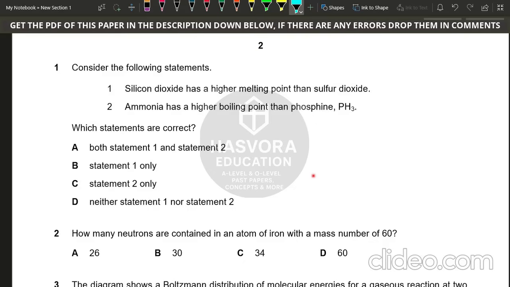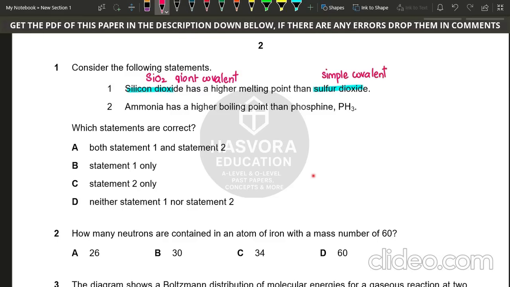Statement 1 says that silicon dioxide has a higher melting point than sulfur dioxide. Now remember that silicon dioxide, SiO2, has a giant covalent structure. This is the example that has been included in your syllabus along with graphite, which is also a giant covalent structure, and diamond is also a giant covalent structure, while sulfur dioxide is a simple covalent structure.